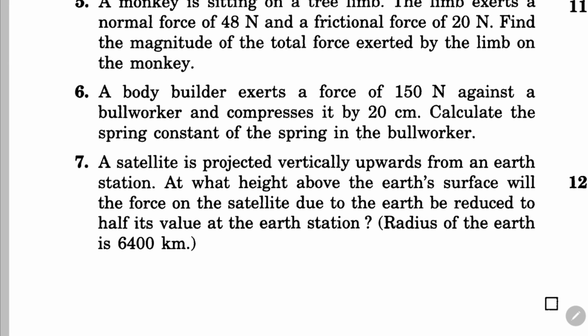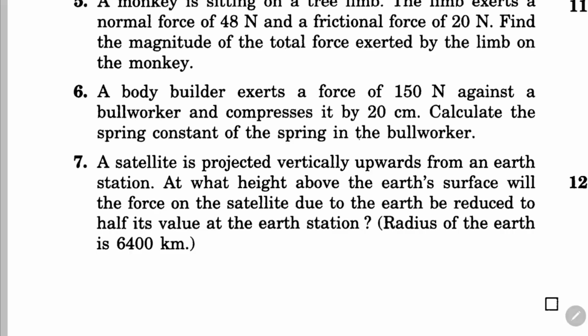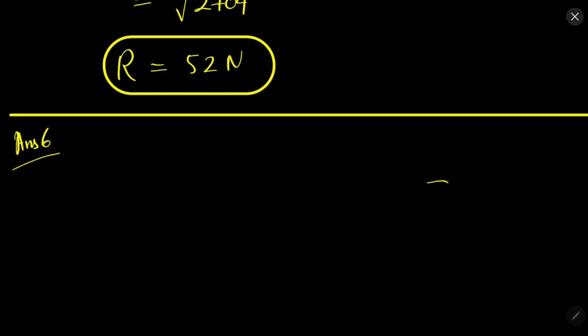Now in the next question, there is a bodybuilder who is exerting a force of 150 Newton against a bull worker, and it compresses it by 20 centimeters. So there is this compression. So I have to find the spring constant of the spring. So let's say the spring is like this. So there is a force which is trying to compress the spring, so there will be a restoring force.